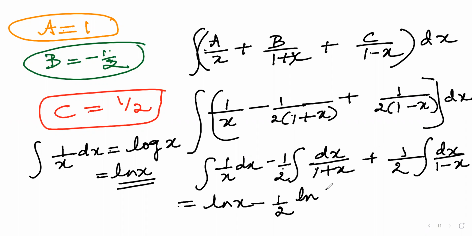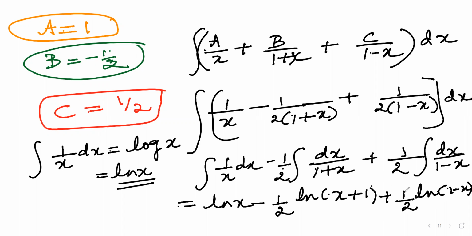So the integral of 1 over x dx is ln x, minus half into, instead of x you have x plus 1, so it would be ln of x plus 1, plus 1 by 2 into ln of 1 minus x. You have to make sure that 1 minus x is a positive number because we're defining this only for positive values.